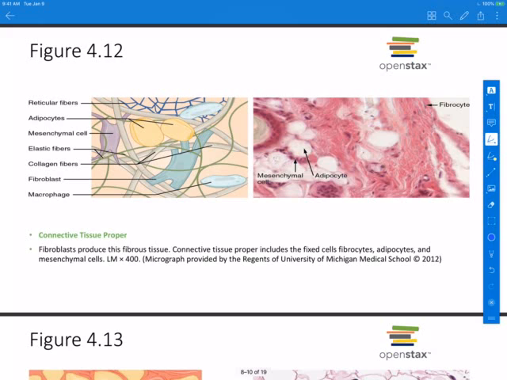They don't move into the blood and get transported around the body. And the fixed cells would be fibrocytes, adipocytes, and mesenchymal cells. And we can see a mesenchymal cell. Right, this is a mesenchymal cell here and an adipocyte here. And then a fibrocyte is shown over here. There's a fibrocyte, an adipocyte full of lipid, and a mesenchymal cell there.